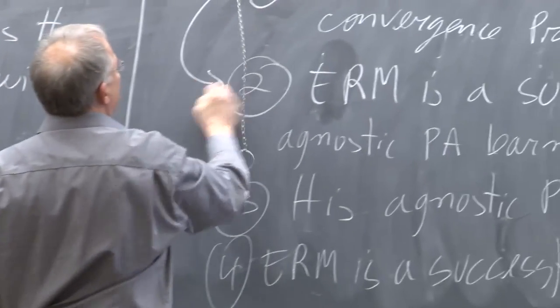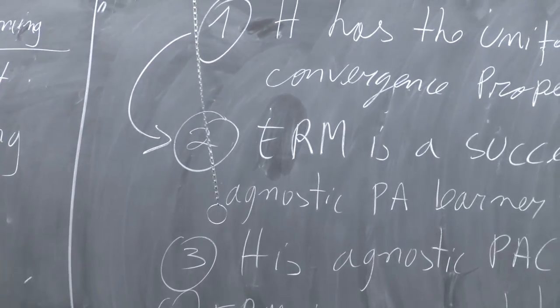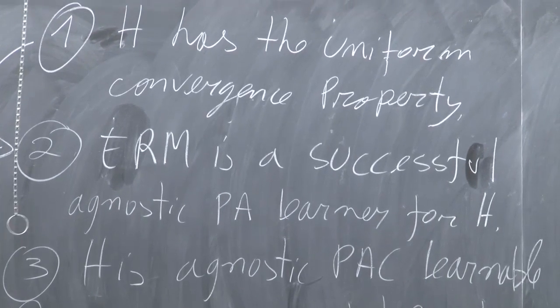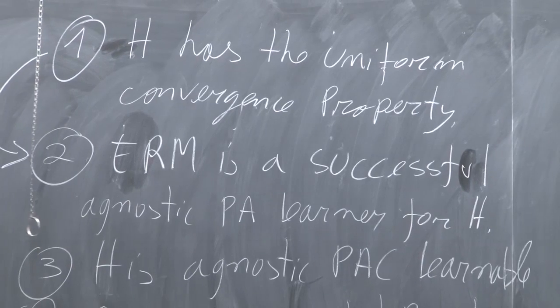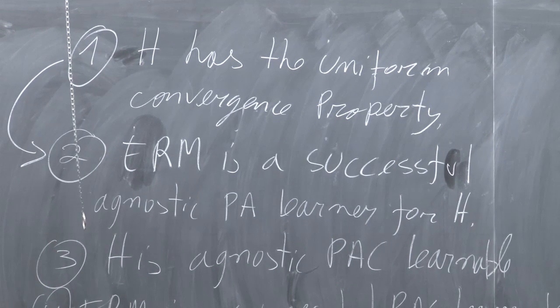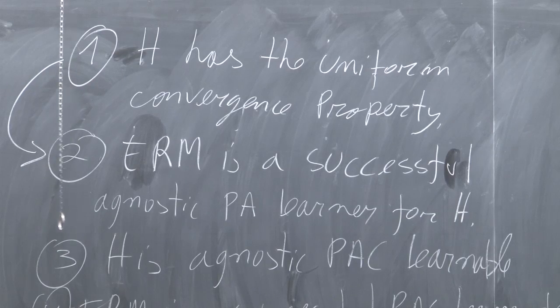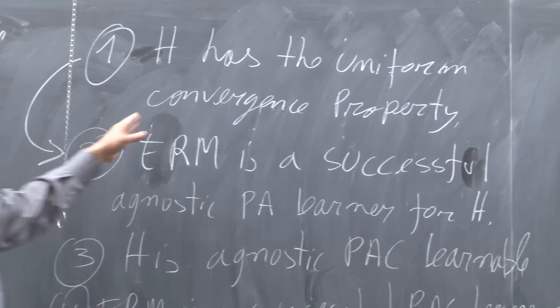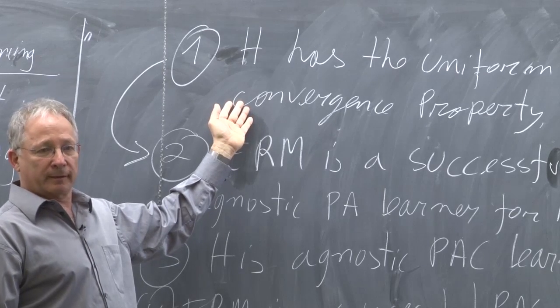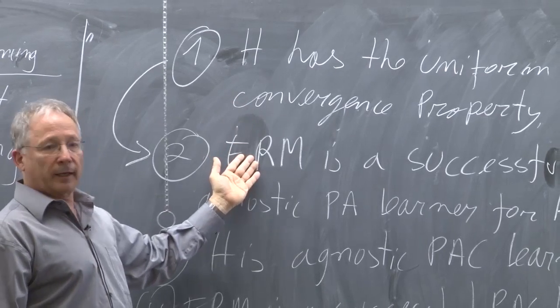1 implies 2. How do we know that uniform convergence implies agnostic PAC learnability, or even that ERM is successful? That was one of the results that I showed you in the second lecture. That if we have uniform convergence, if with high probability we get a sample which is epsilon representative, then I can do ERM.